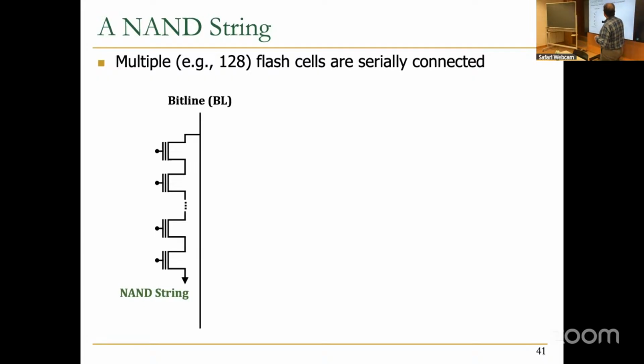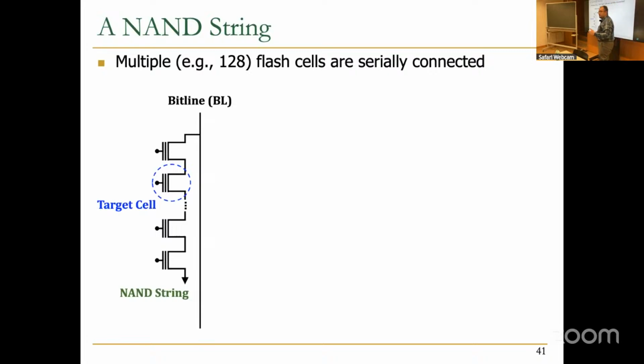Okay, so each of these is a NAND cell. We have another terminology which we call a NAND string, which you can see is very similar to the NAND gate, where you connect several NAND cells in series. So multiple, for example 128, flash cells are serially connected, and that's a NAND string for us.